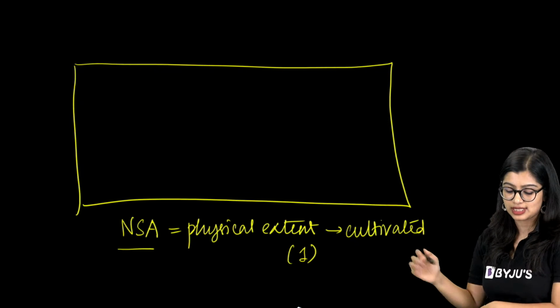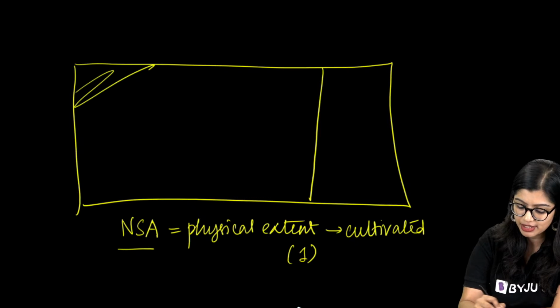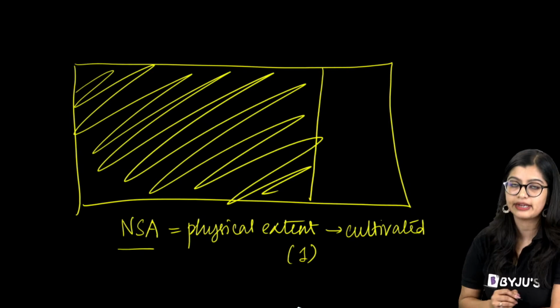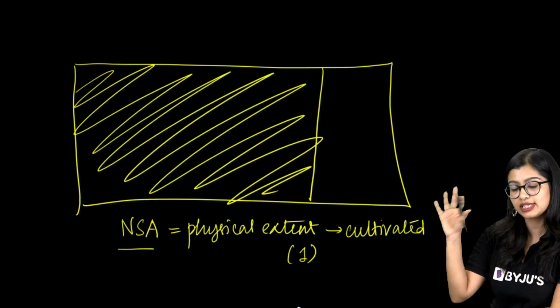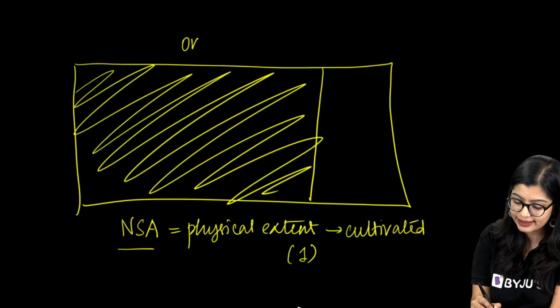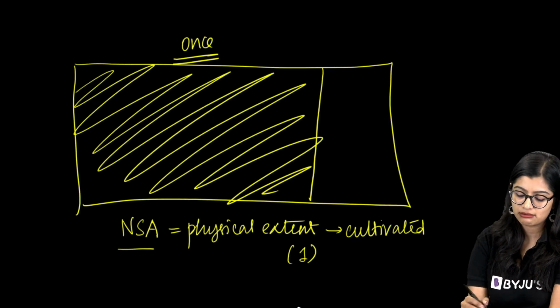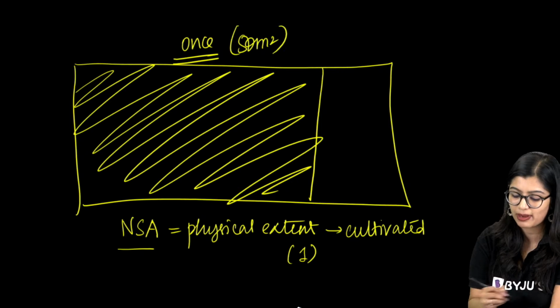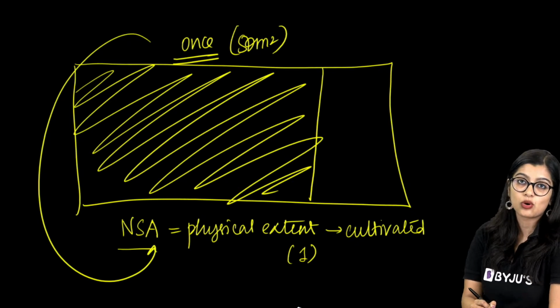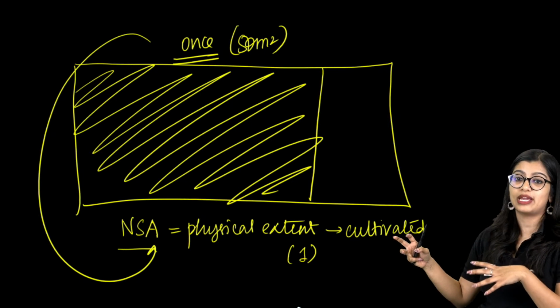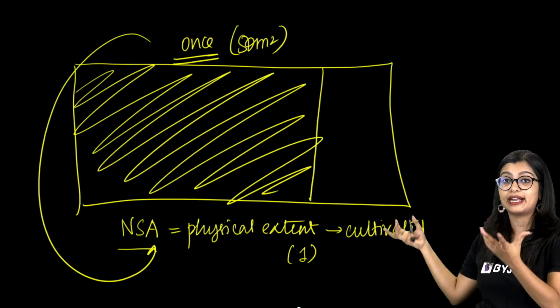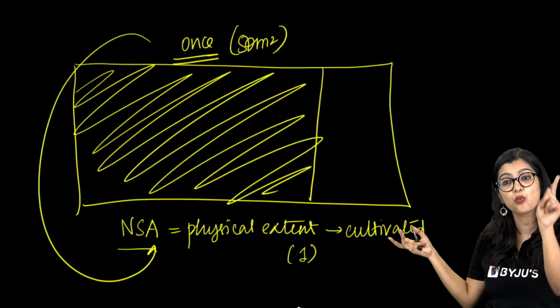Imagine I have this land and on this much area I have cultivated maybe wheat, and I used this land only once in 1 year. Now this area of land, let's say 50 meters square, will come in my net sown area, the physical extent up to which I cultivated my crops in a single year, once.